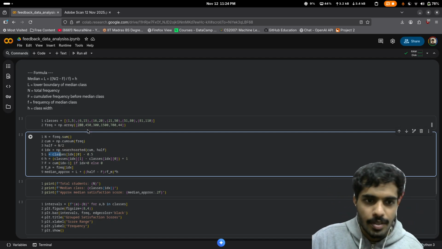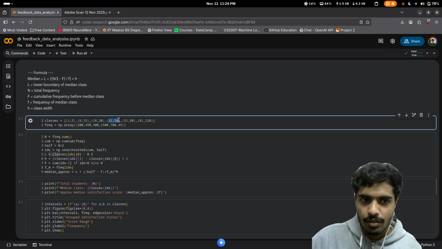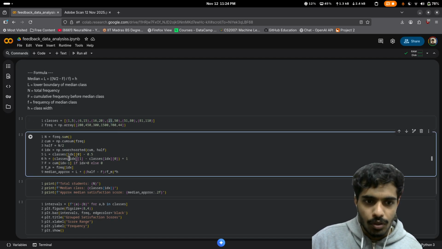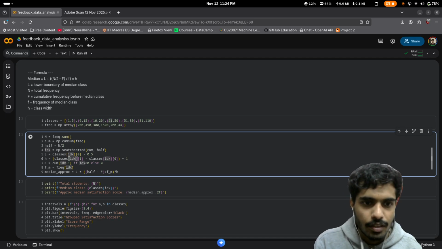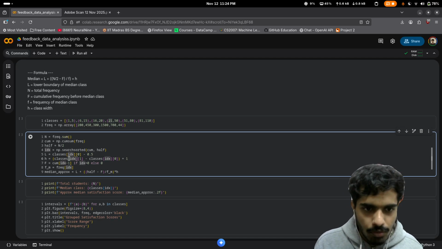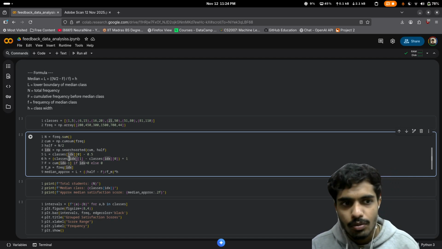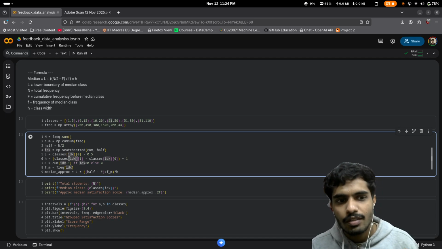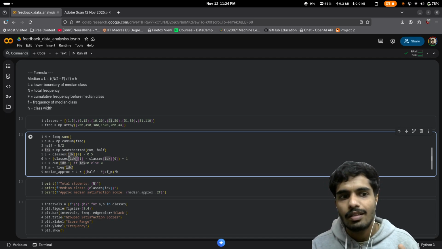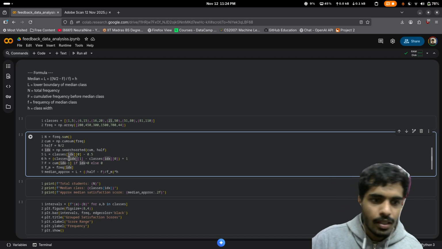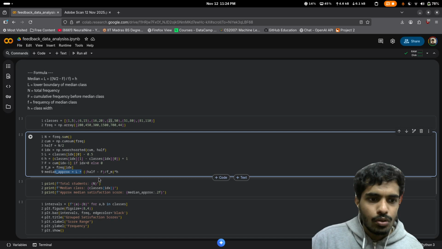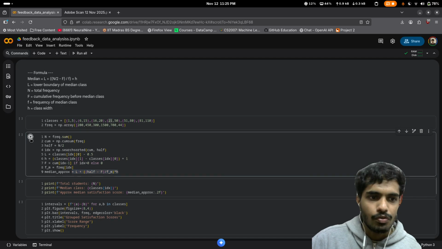Here it is basically 21 and 50, so 21 is the L, and h is the class width, which is 50 minus 21, right? Then F is the cumulative frequency before the median class, and so on, and we plug it into our median approximation formula.